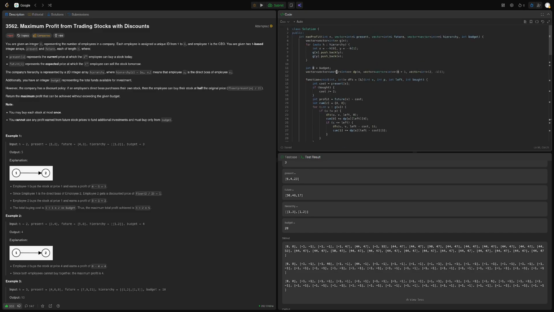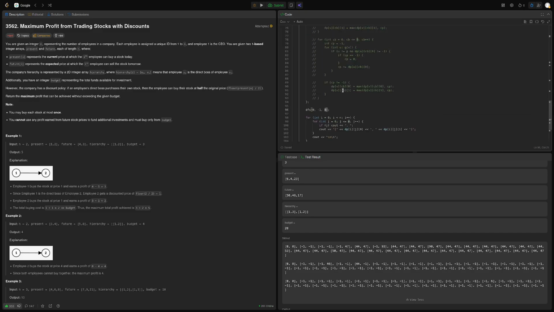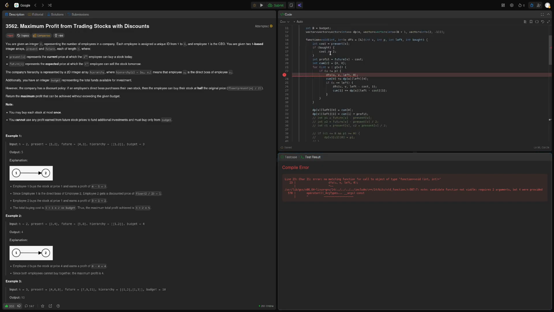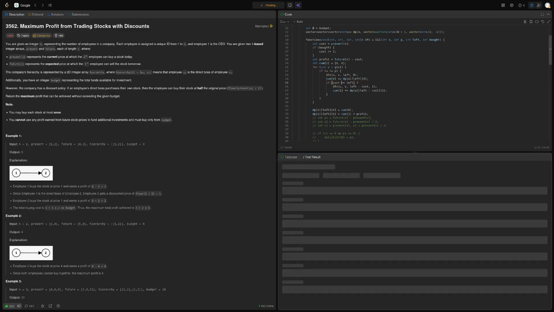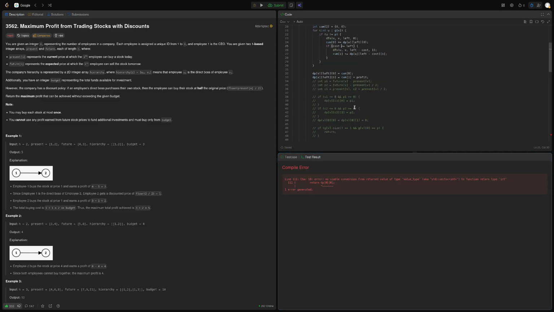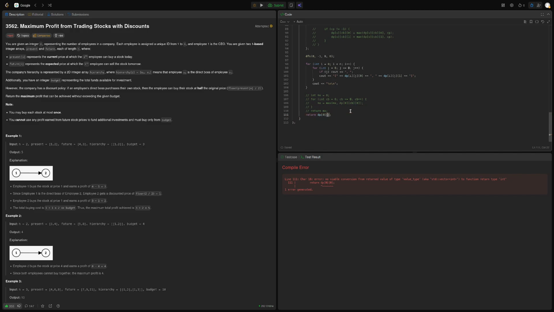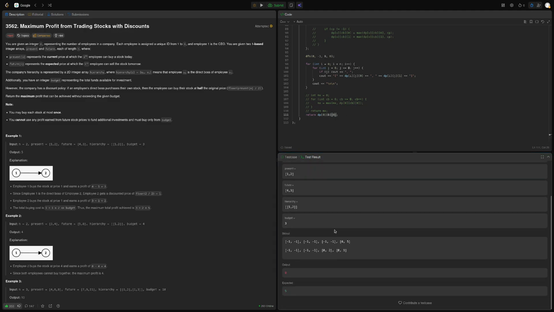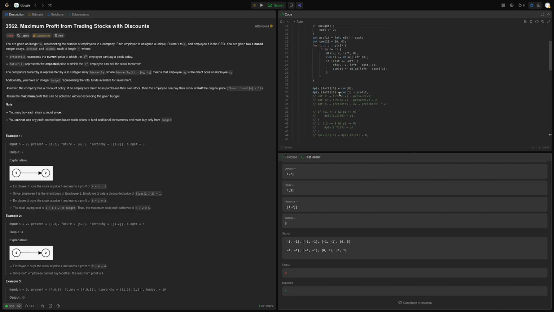We start with the budget and that's what we are left with, and then our parent did not buy. What's cost? Oh, that means our parent did not buy.